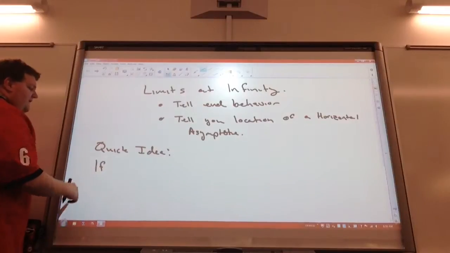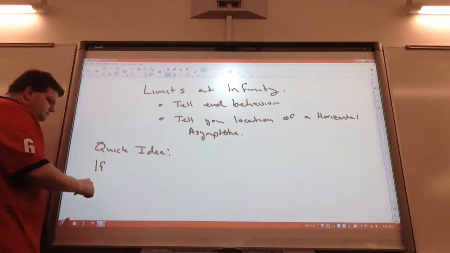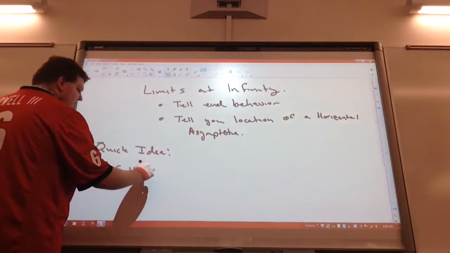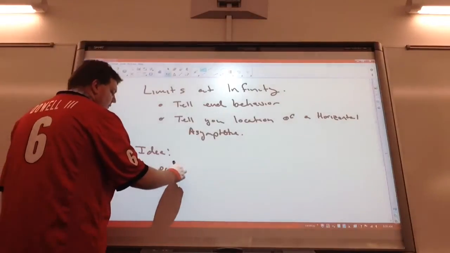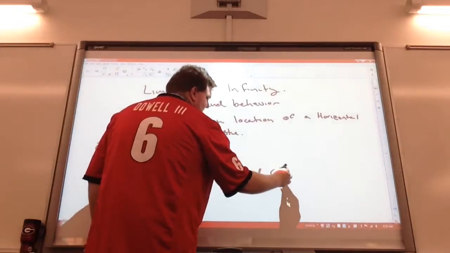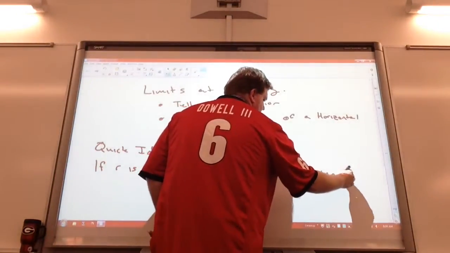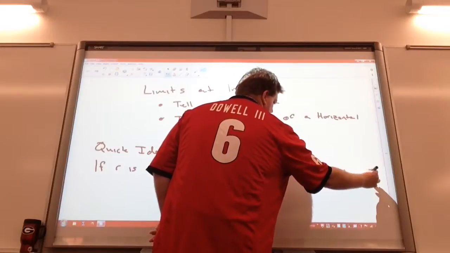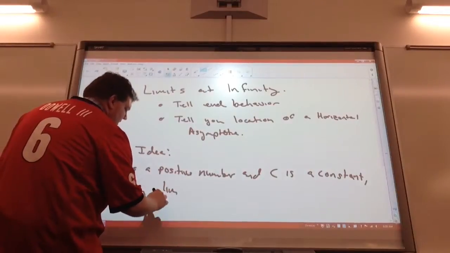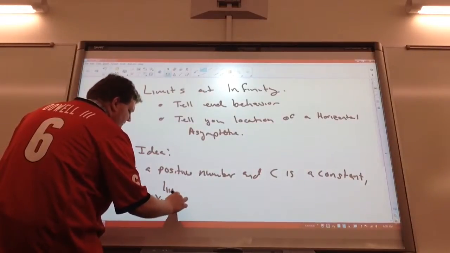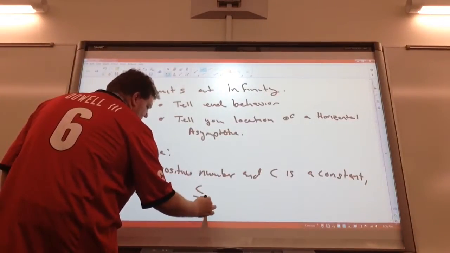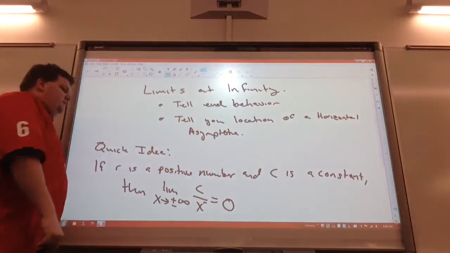Basically, if r is a positive number and C is a constant, then, okay, the limit as x goes to either plus or minus infinity, doesn't matter which one, of C over x to the r is always equal to 0.